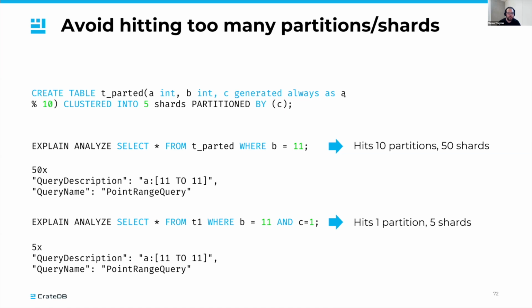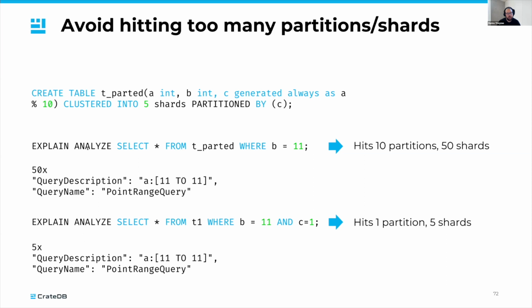So we can see here we get a table of at most 10 partitions because of that. And we have chosen to cluster our table into 5 shards, which means, of course, that with all the 10 partitions times 5, you have 50 shards in total.